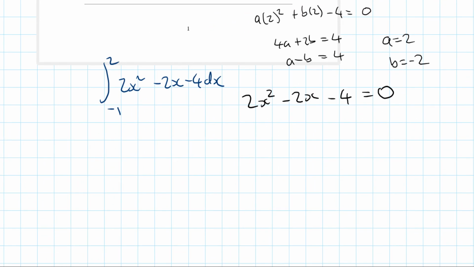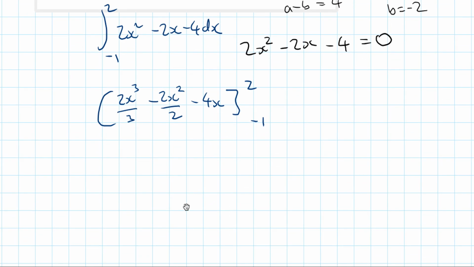We then integrate, so raise the power by 1, so 2x cubed divided by the new power, in this case 3. Do the same again, so raise the power by 1 to 2 and divide by the new power. Then the constant term goes from x to the power 0 to x, so we add on the x term, between 2 and -1.